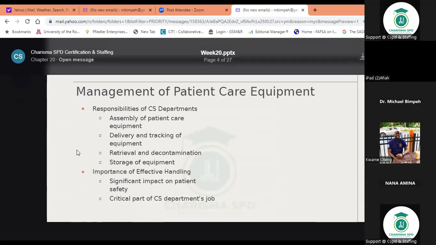Now, management of patient care equipment. When we say patient care equipment, we are talking about those things that I mentioned earlier, like crash carts, which can be considered patient care equipment, Flotron, IV pump, and all those kinds of things that normally stay by the patient bedside.